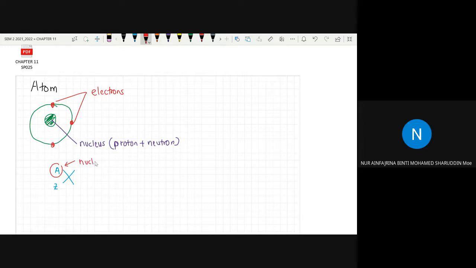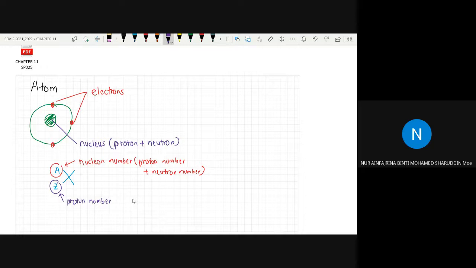Nuclear number. The nuclear number consists of proton number plus neutron number. What about here? Very good. This is proton number. This is very important now.